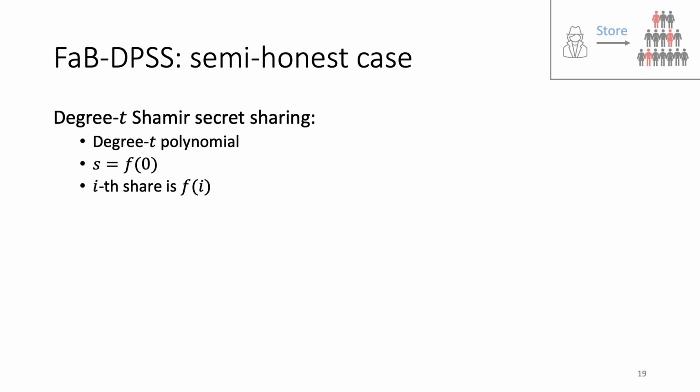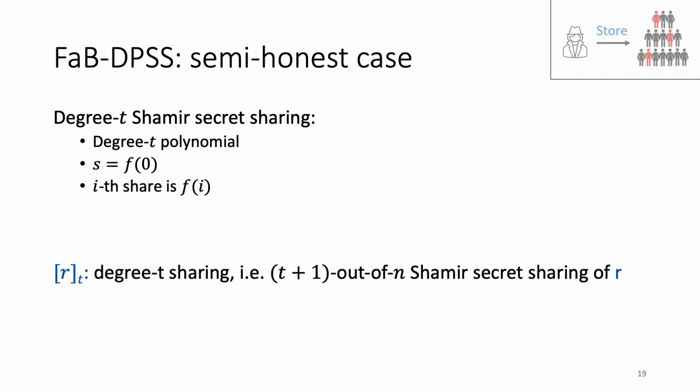The ith share is f(i). Given T shares, no information about S is leaked, but given any T+1 shares, the party can reconstruct the polynomial and hence get the secret. In the next slides, I will use this bracket notation to denote a degree T sharing of a value R.